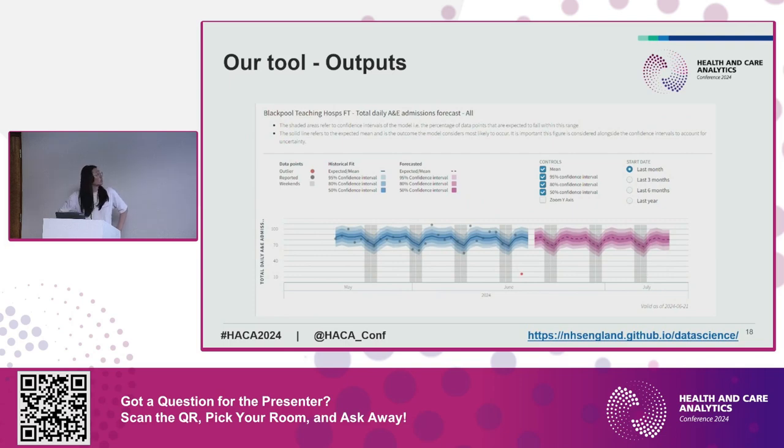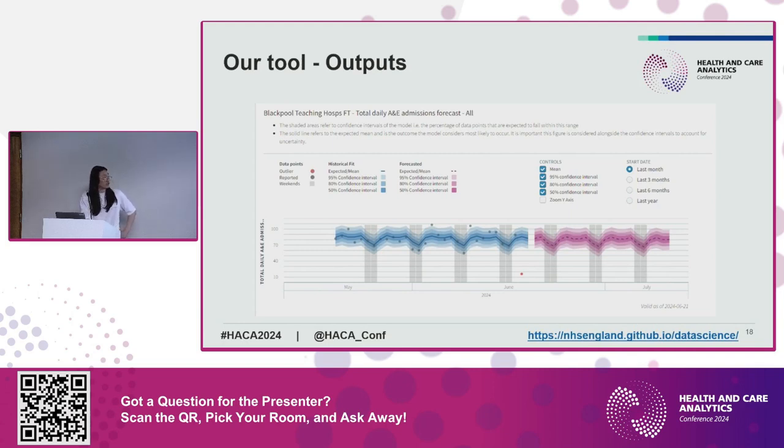So this is an example of one of the forecasts for the Blackpool Teaching Hospitals Trust. This dashboard exists on the federated data platform. The way it works is we have the historical fit of the data in the blue line and areas, and then in the purple, red, it shows the predicted forecast.